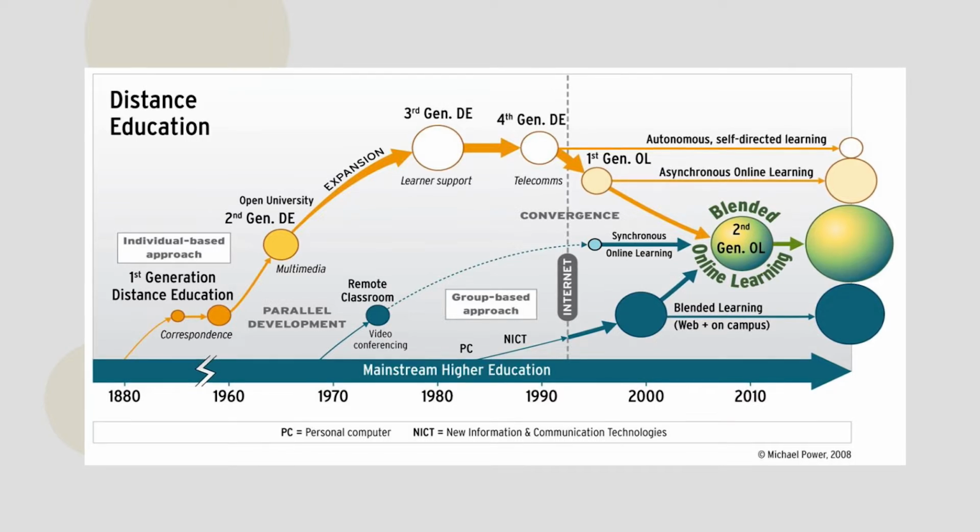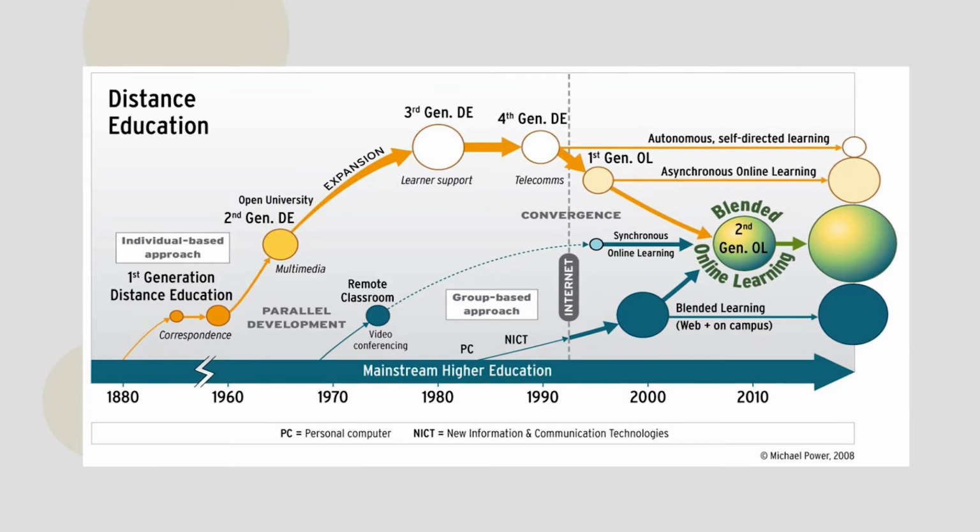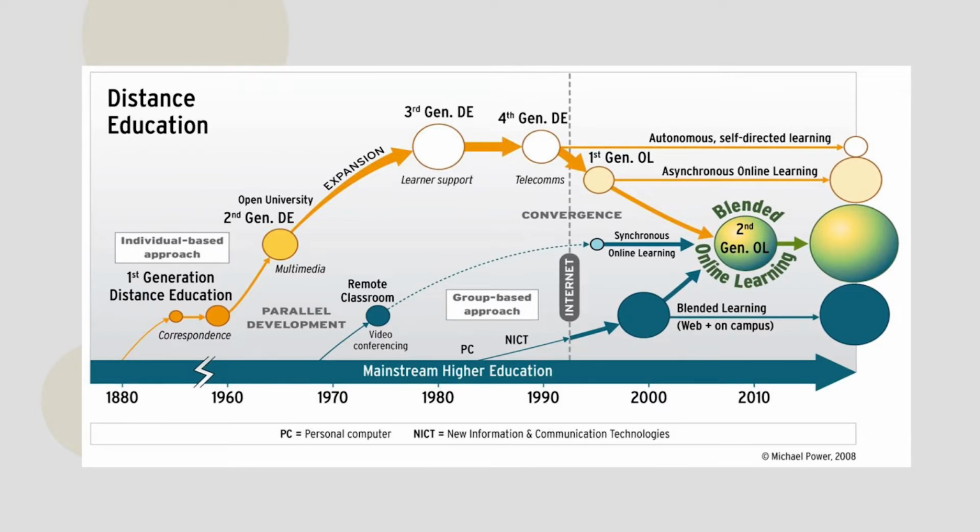Your mobile includes broadcasting, telecommunications, as well as computing. So the fourth generation is a convergence of these three technologies, especially the development of telecommunications or telematics, as they would say. That led to the first generation of online learning, which is both synchronous as well as asynchronous.